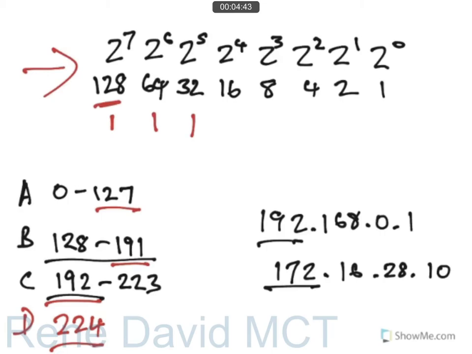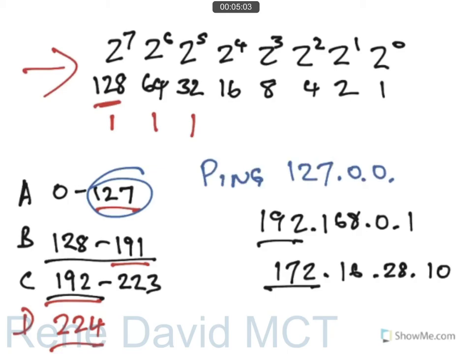Now, something that is important for you to remember is that 127 is a special address. 127 is generally used for loopback testing. So those of you familiar with loopback testing, if you ping 127.0.0.1, that performs a loopback test to just see whether TCP/IP is functioning correctly on your network card.